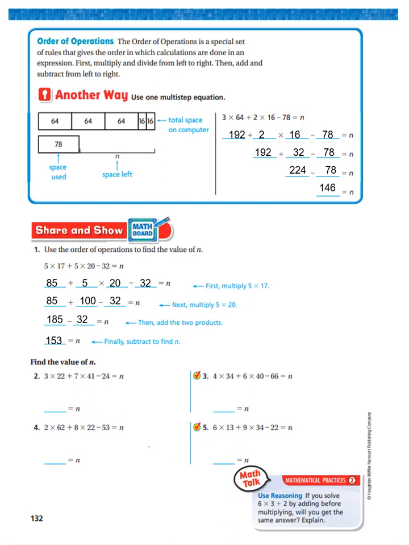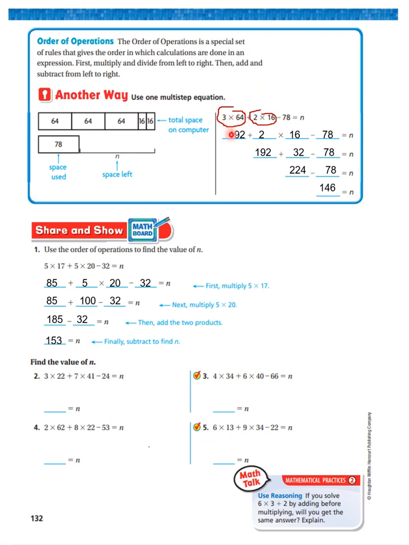Well, they told us we have to do our multiplication first. Okay, so 3 times 64 is 192. Now I just filled out the equation. 192 plus 2 times 16 minus 78 equals n. Okay? Now here's the second multiplication. 2 times 16 is 32.